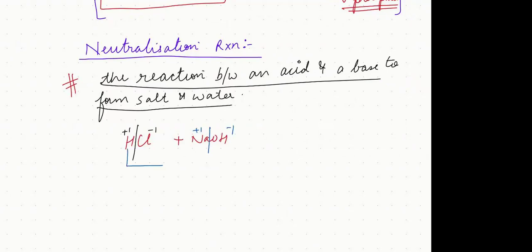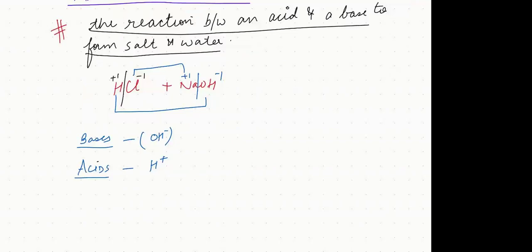Positive goes with negative. Bases contain OH negative, and acids contain H plus.